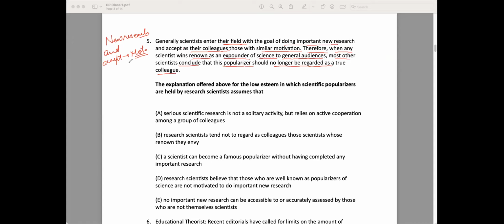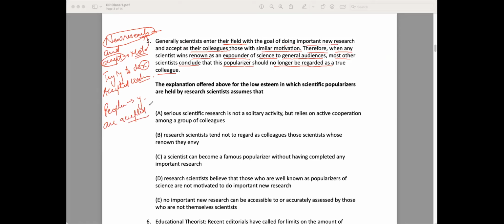Okay. So they accept people with similar motivation. Similar motivation means motivation to do new research, important new research, as their colleagues. So, it's like, people who are motivated to do X, they are accepted as colleague. Okay. So, people who are trying to do Y are not accepted.